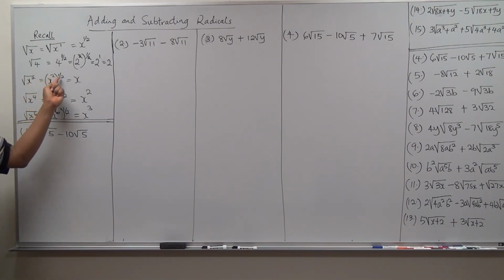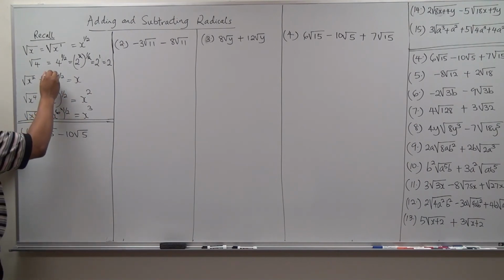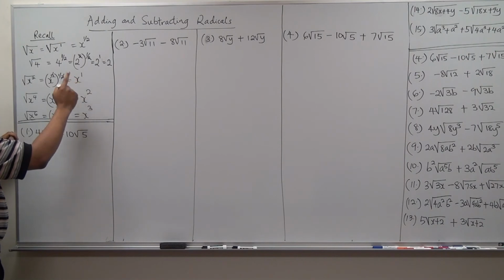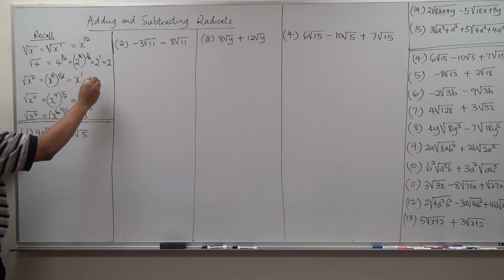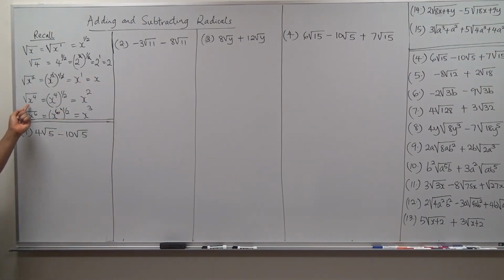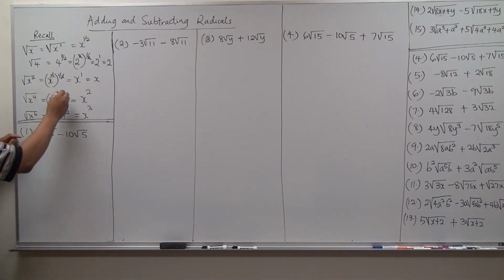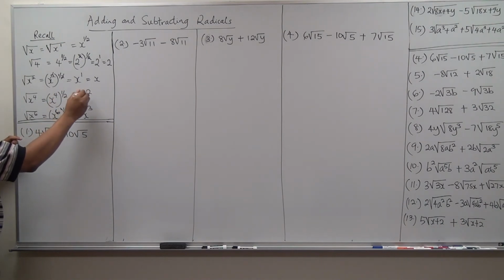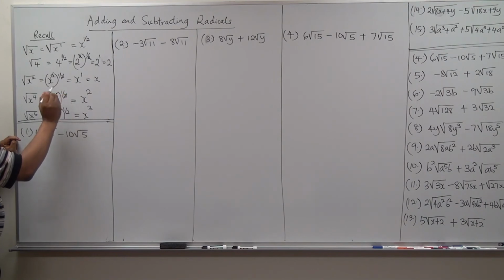X squared to the exponent 1/2, and of course 2 here will cancel 2 here, and you have x to the power 1, which is x. The same thing with square root of x to the 4th power: 4 will multiply 1/2, and that gives you x to the 2nd power. So 2 will cross out 4, and that gives you 2.